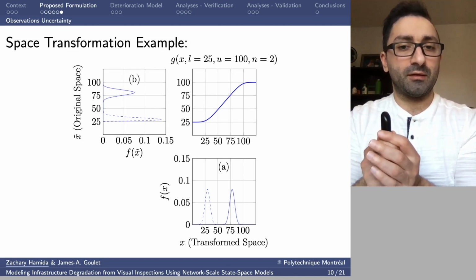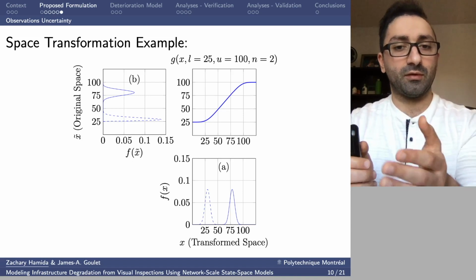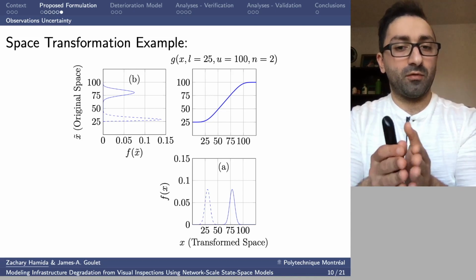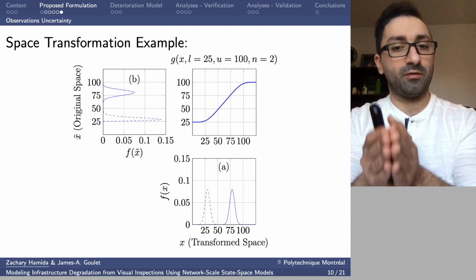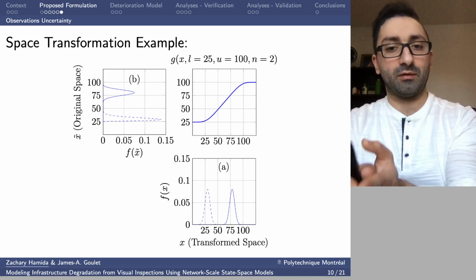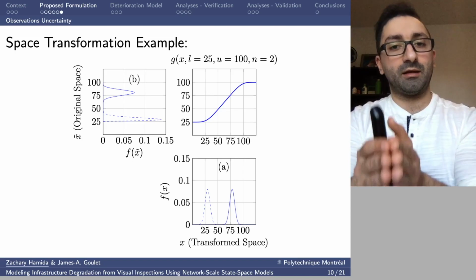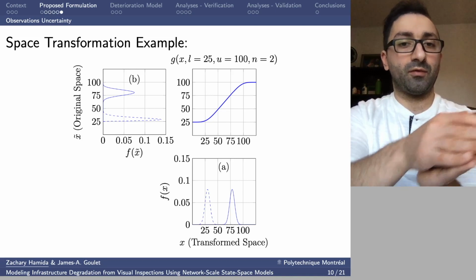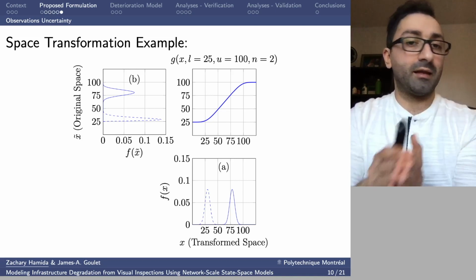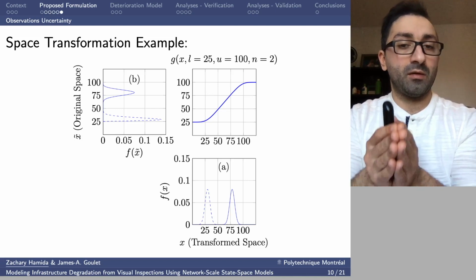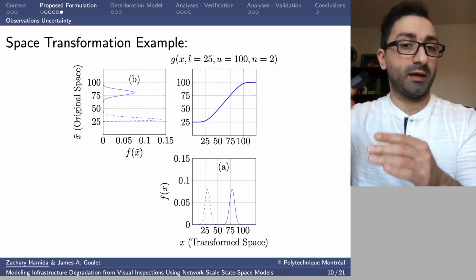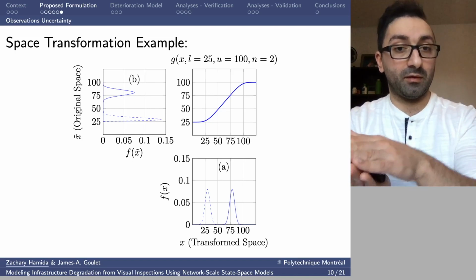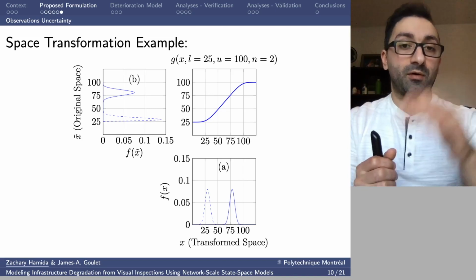But if we look at the second case, the dashed line, where the state is centered near the lower bound, 25, and we pass this dashed line in figure A, the lower right corner, into the transformation function, we get the transformed PDF shown by the dashed line in figure B. You would notice that the tip of the PDF became higher, and the uncertainty and the spread of the PDF became lower in figure B on the upper left corner.